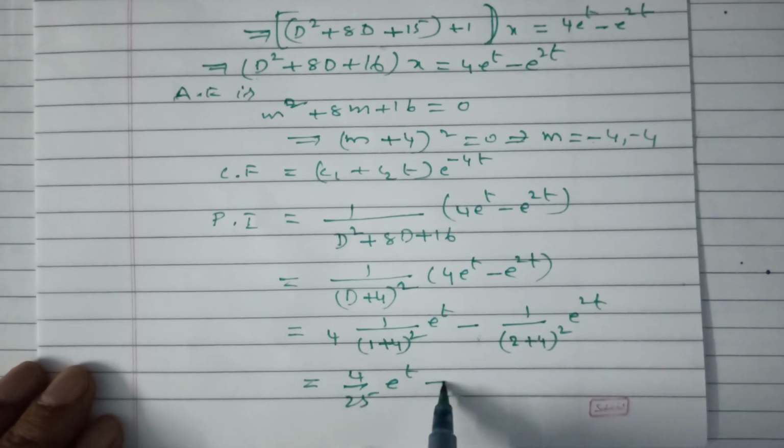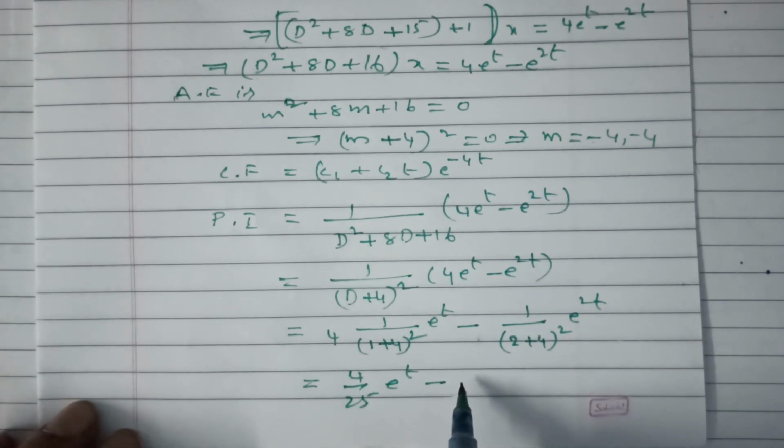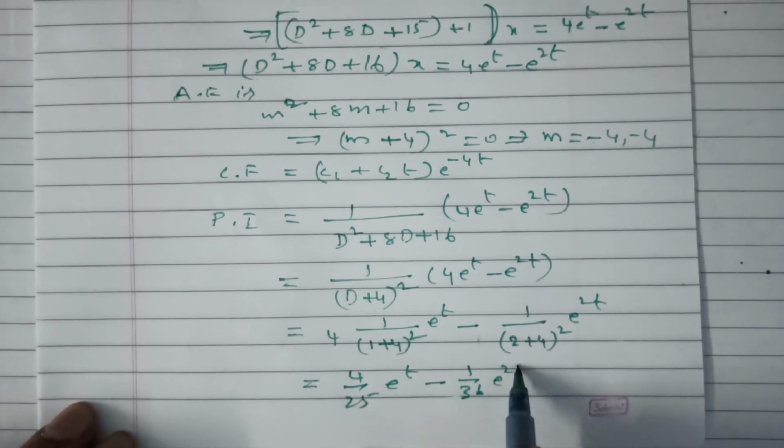4 by 25 e power t minus 1 by 36 e power 2t.